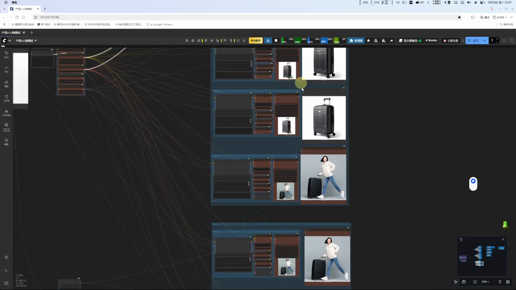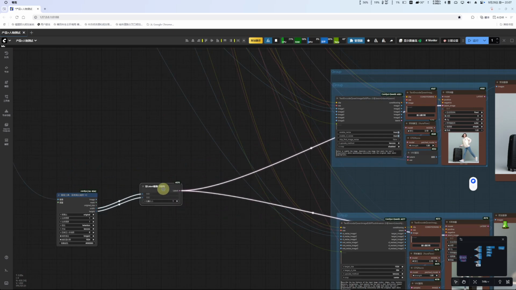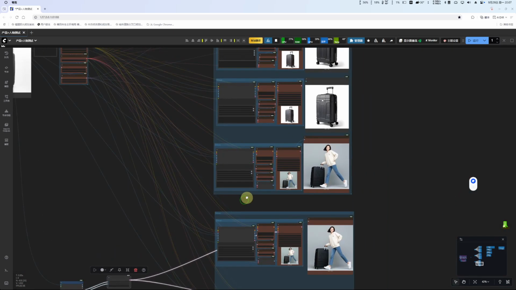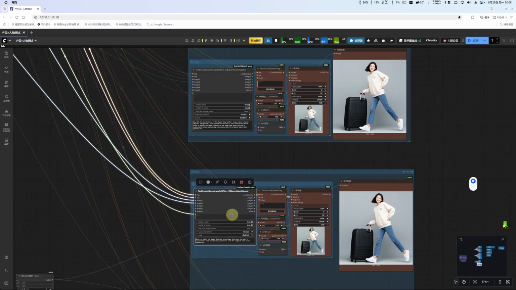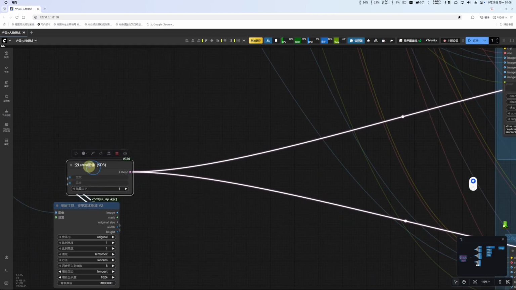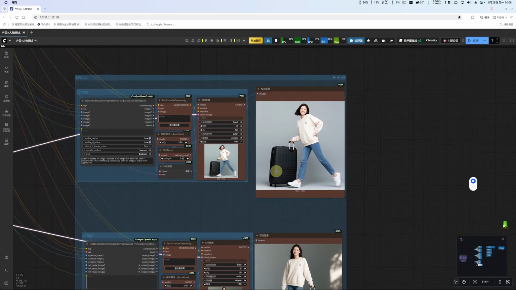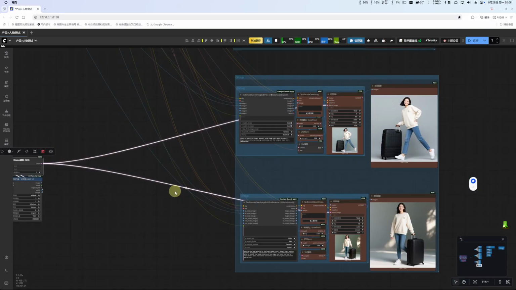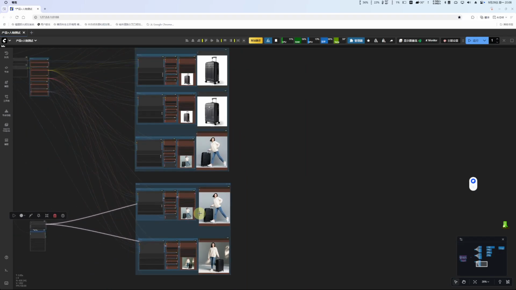Then we can draw a conclusion that when we use this latent, the generation effect is actually consistent with the direct connection. This is very helpful and can help us adjust the size of the image we want to generate. This is how it came to this conclusion.